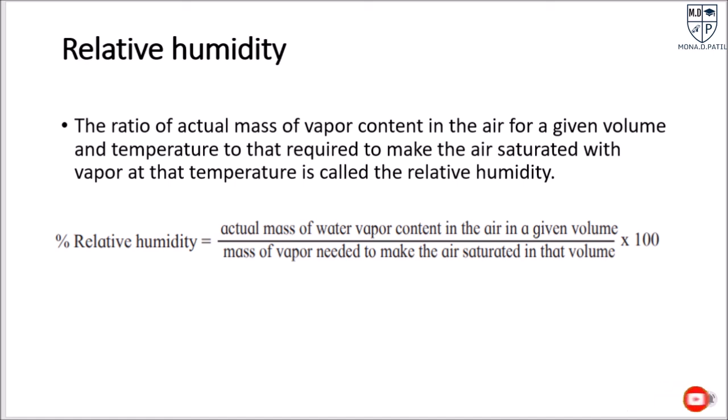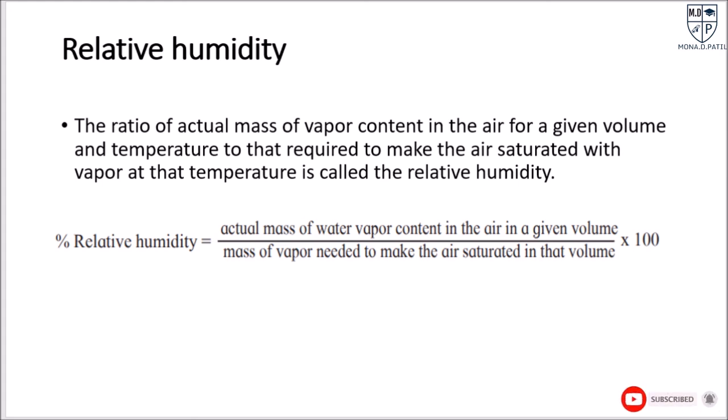So how much vapor is there in the air for a given volume? Volume means space. How much space is there, and according to that space how much mass of vapor is there.